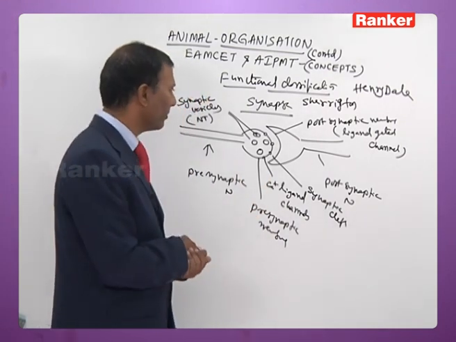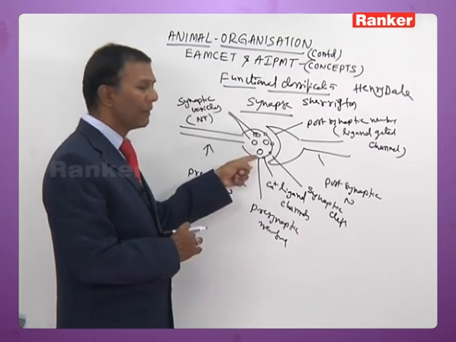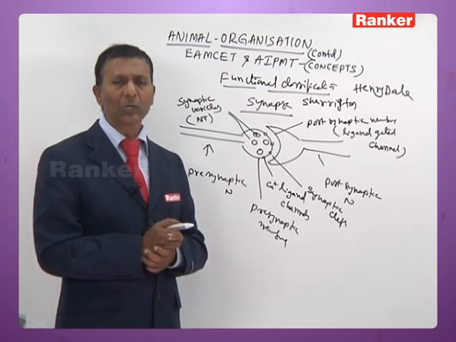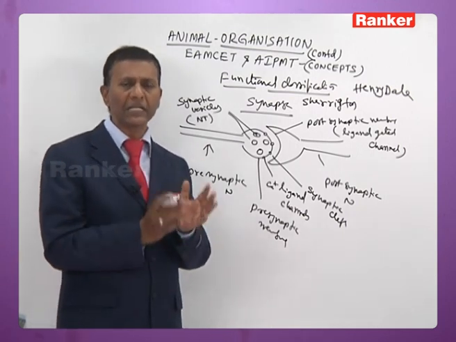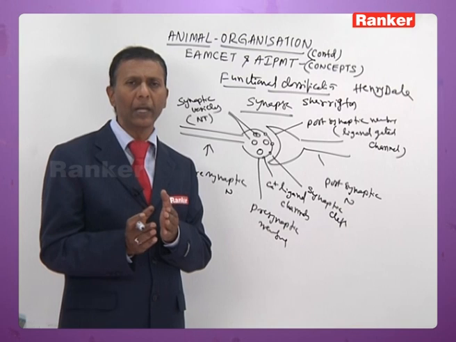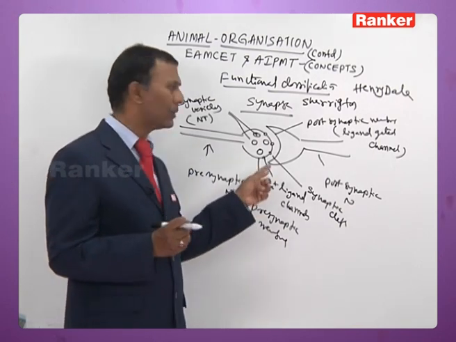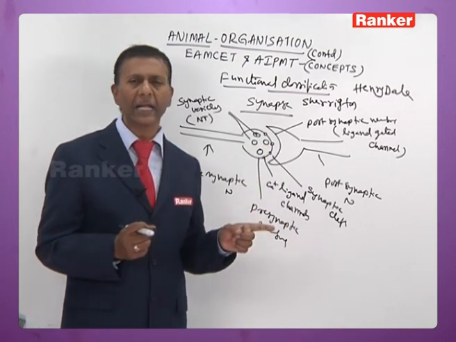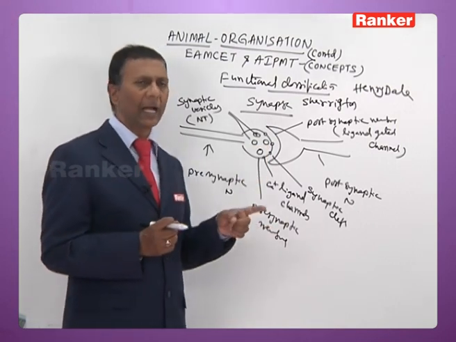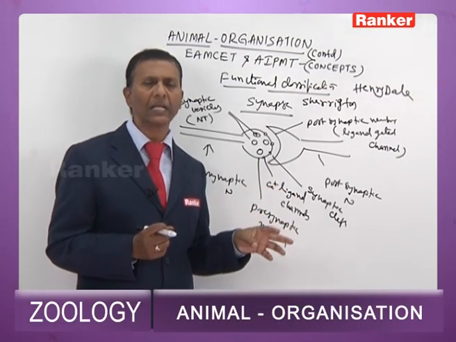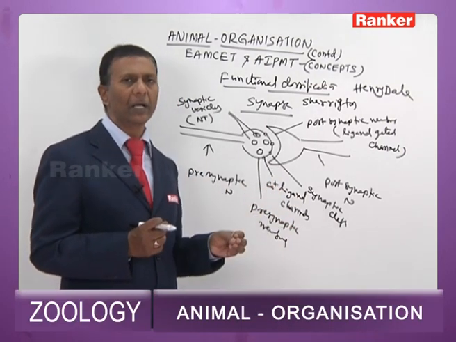So remember, within the presynaptic membrane there are several calcium ligand channels. At the time of conduction of impulse from presynaptic neuron to postsynaptic membrane, the calcium ions from extracellular fluid diffuse into the synaptic knob through ligand gated channels of the calcium, and they bring about exocytosis of synaptic vesicles to discharge neurotransmitter.